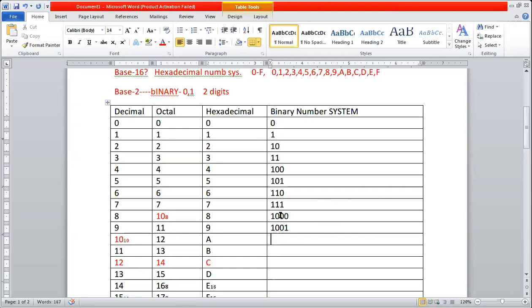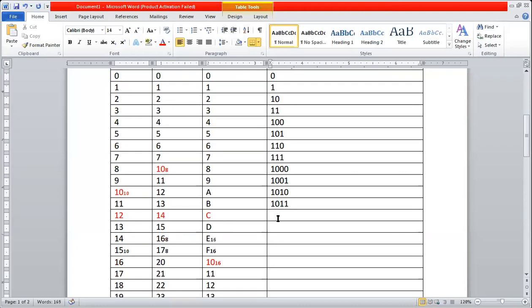And then this second digit: 1010. Then 1011. And again 1100.